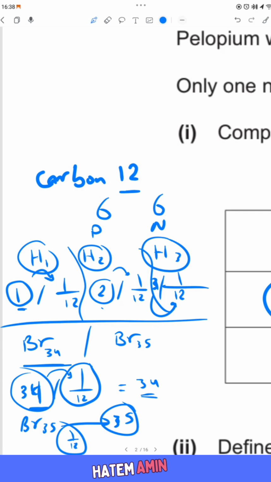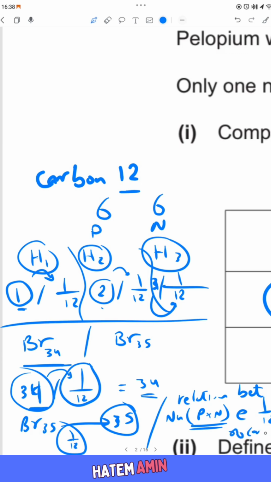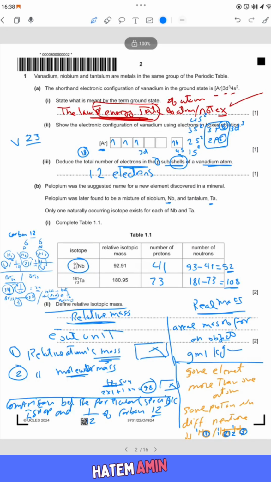Because it's relative, it is the relation between the total number of protons plus neutrons in a particular or specific isotope, and we compare this number with 1 over 12 of what? Of carbon. Carbon what? 12. Why carbon 12? Because carbon 12 is a very stable element.